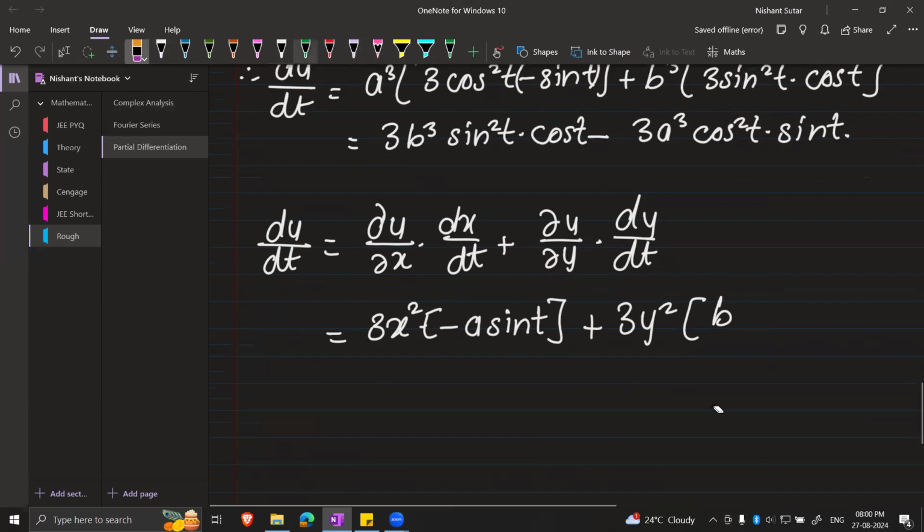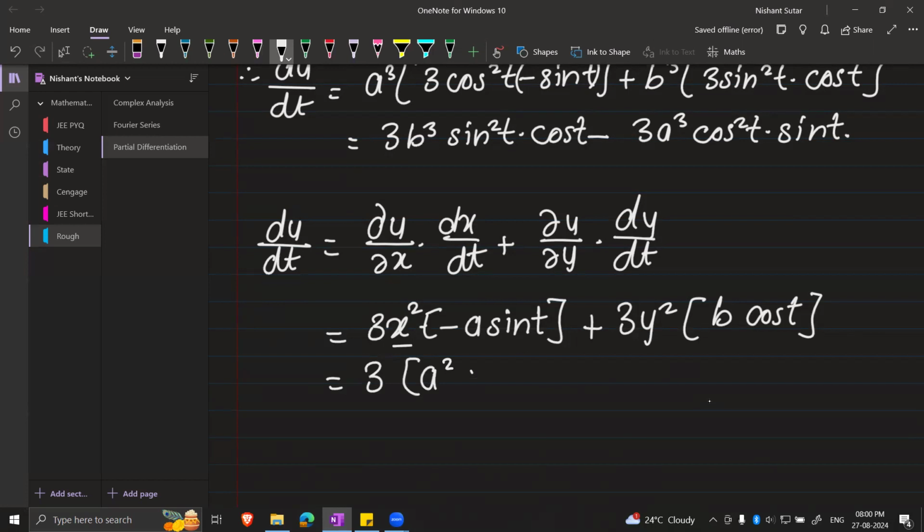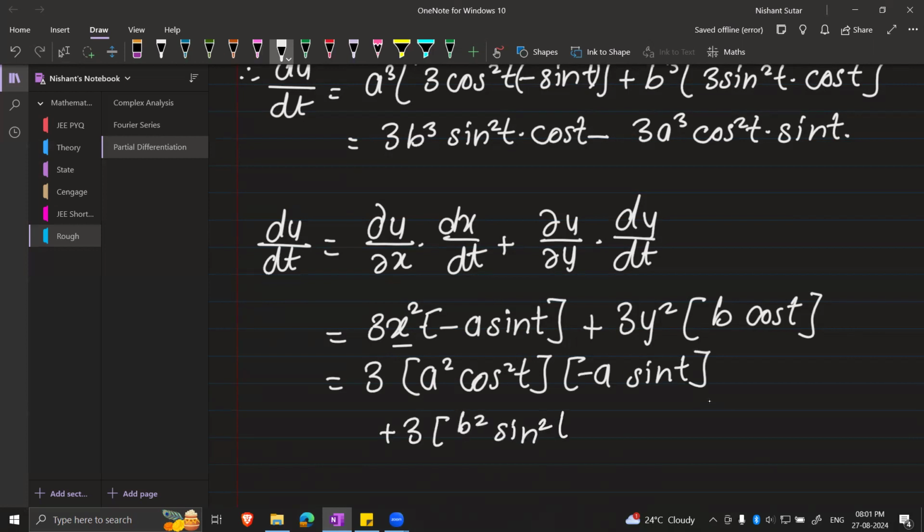So b cos t, which is 3 x square is a square cos square t into minus a sin t, then plus 3 times y square is b square sin square t and b cos t.